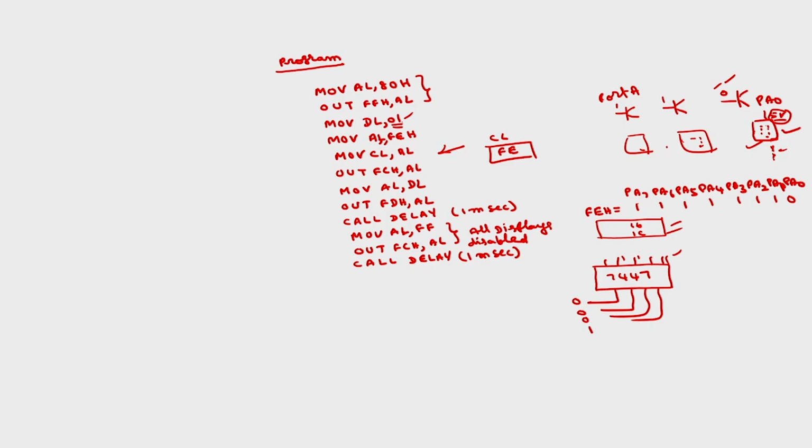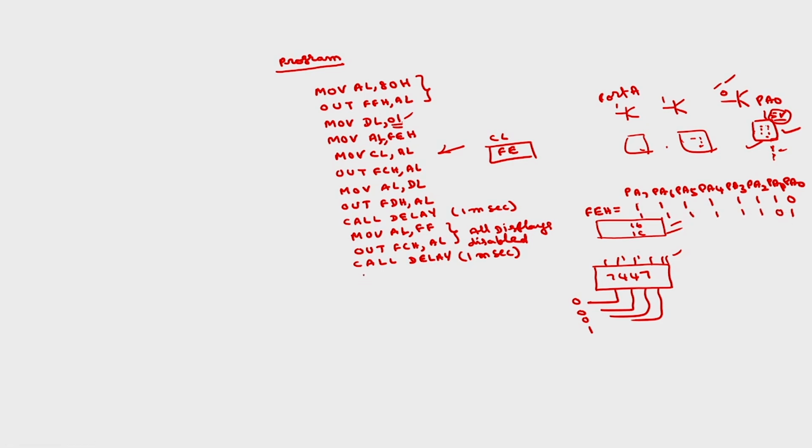Then you have to display 2 on display 2. So, for that I am incrementing DL by 1, and before that, because I have to select the second display, the code corresponding to the second display should be 1 1 1 1 1 1 0 1.